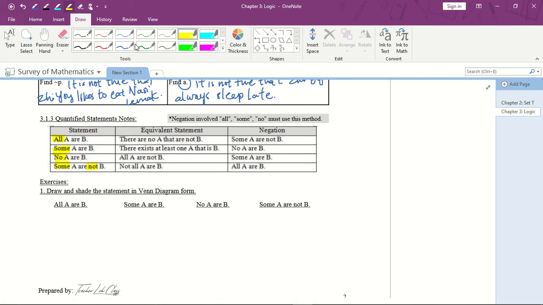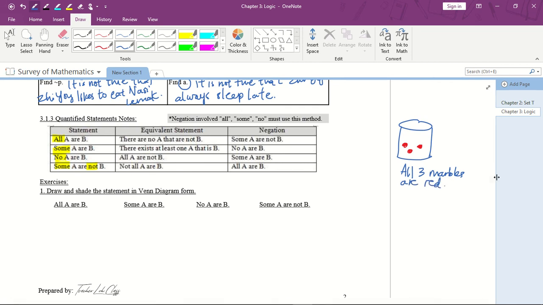For example, I can say that I have a can, then I put 3 marbles inside. 1, 2, 3. Then I can say that all 3 marbles are red.